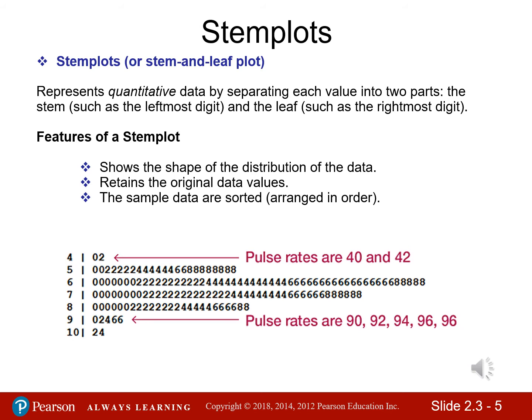They include the numbers 4, 5, 6, 7, 8, 9, and 10. On the right side of the vertical bar are the leaves. The first few values from this stem plot are 40, 42, 50, 52, 52, etc.